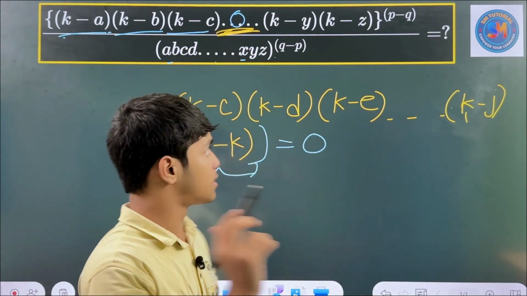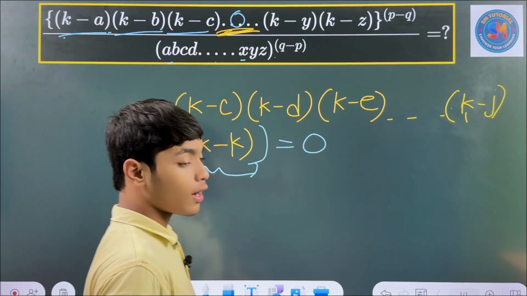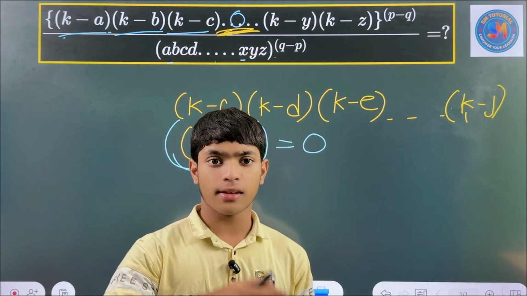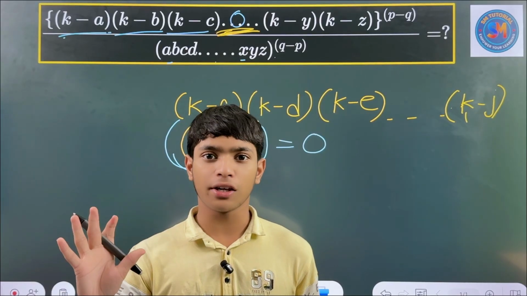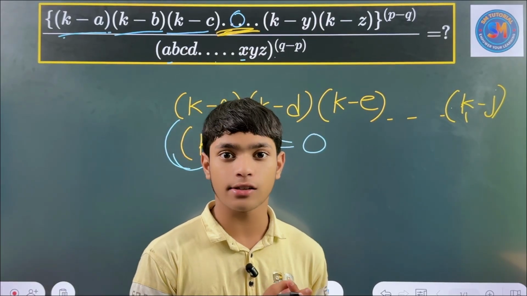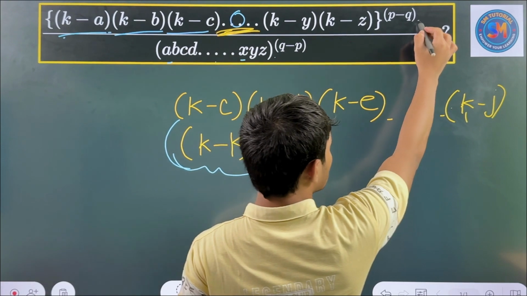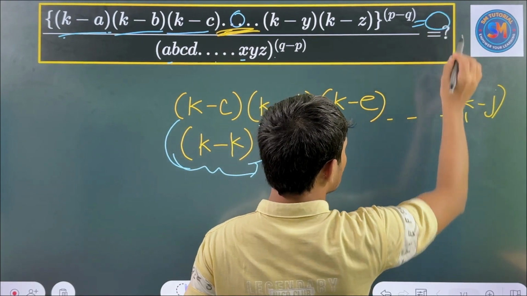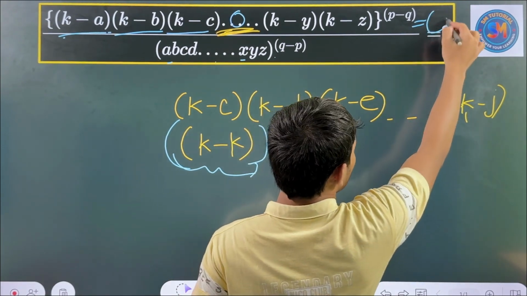The result is 0. And if you take the power of 0, like 0 to the power 1 million, that is still 0.